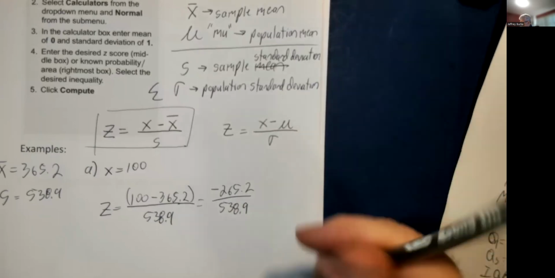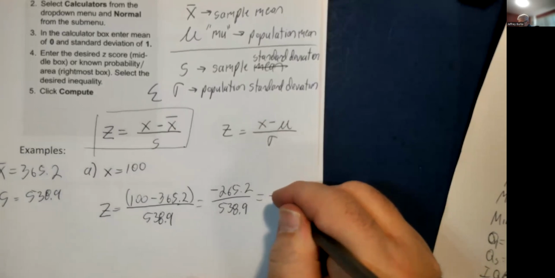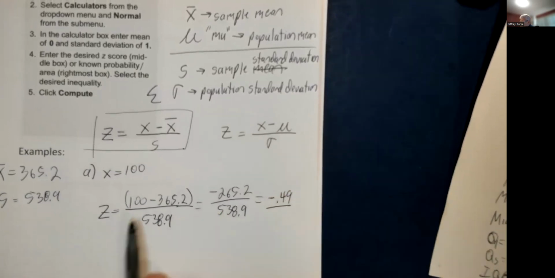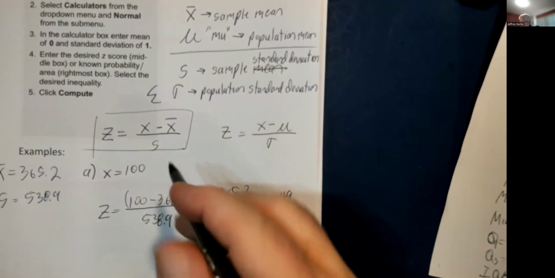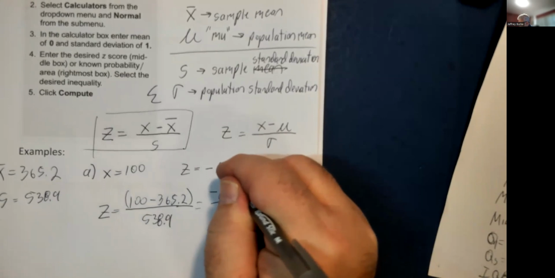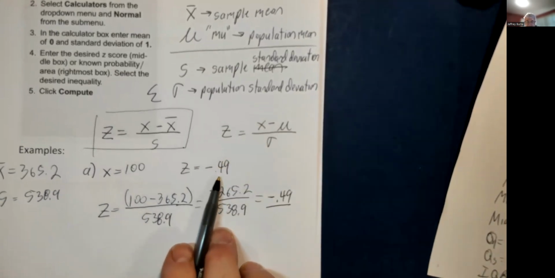All right. And what this gives me here, to the nearest two decimal places, is negative 0.49. So for the value of 100 that I have here, my z-score is going to equal negative 0.49. What this is saying is that this is 49/100th of a standard deviation below the mean.